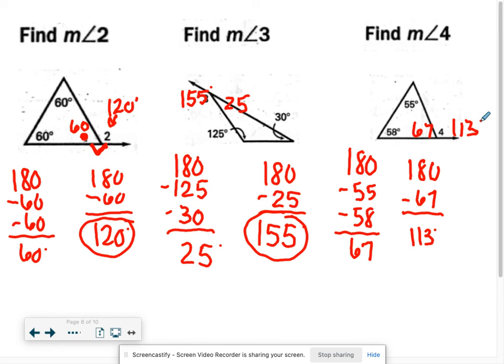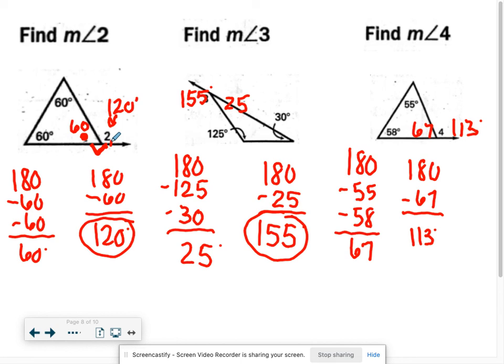Okay, I'll show you guys a shortcut. So you can do it the long way every time and it will work. Or, what happens if you take these two angles? What's 60 plus 60? What do you get? 120. What's 125 plus 30? 58 plus 55 is? Yeah.